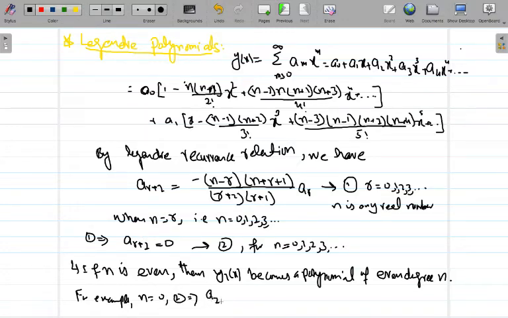So the a2 coefficient will be 0, which implies that the other even coefficients will also be equal to 0. This implies a4 equal to a6 equal to a8 and so on. All these even coefficients become equal to 0.